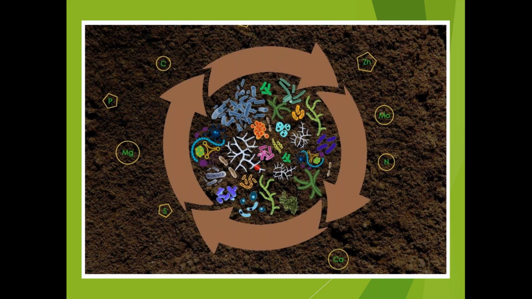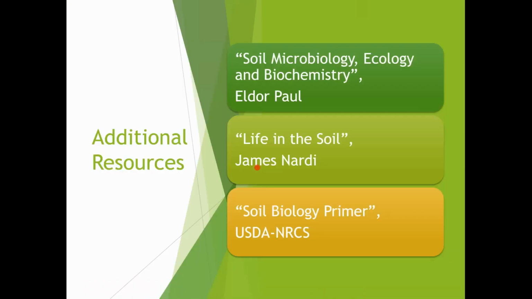So now there's additional reading, and this list is going to be in the handouts as well. Soil Microbiology, Ecology, and Biochemistry is a really heady, technical, scientific, journal-based approach to looking at the life in the soil and these processes.